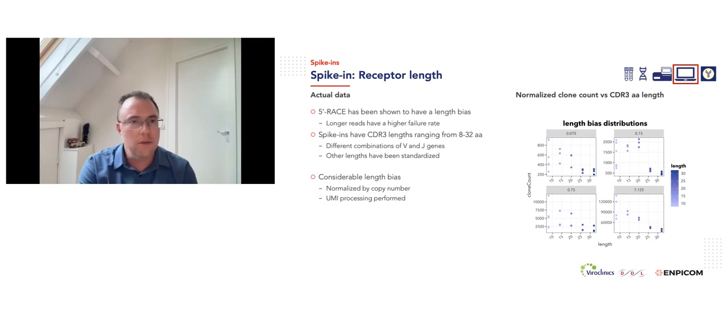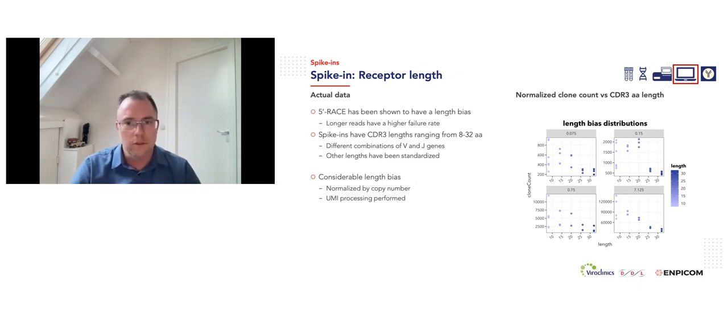Of course, the amounts have all been normalized, so all the spike-ins are spiked in at an equal number of copies. So in principle, we should see a straight line or dots that align horizontally, but we clearly see a downward trend. Also the difference between, say, an 8 length CDR3 and the 32 is actually quite large. It can be 2 or 3-fold even.